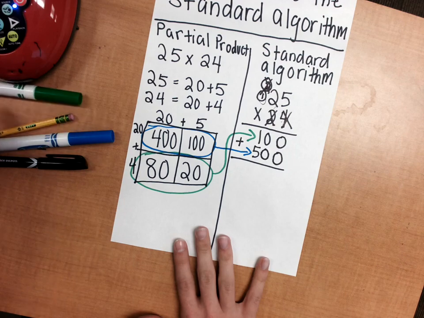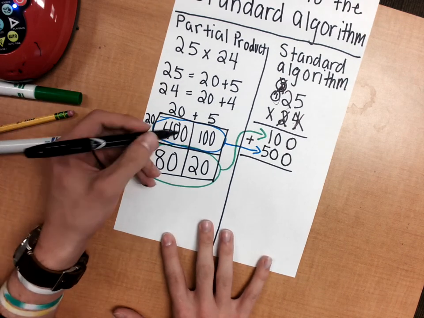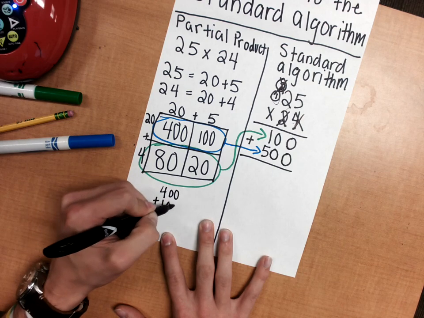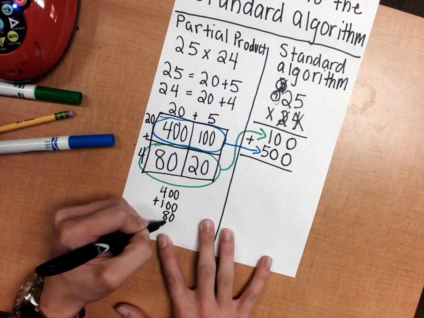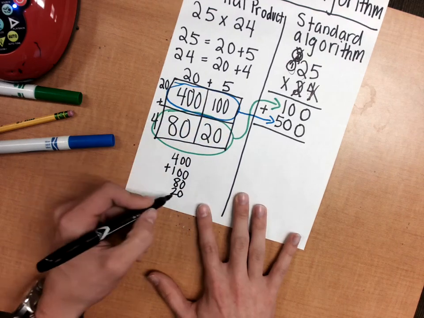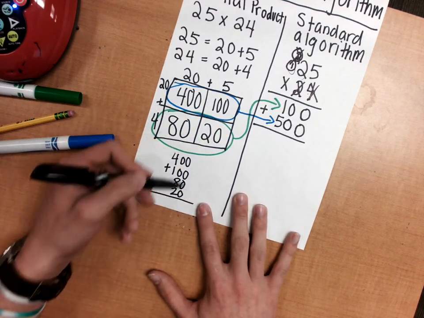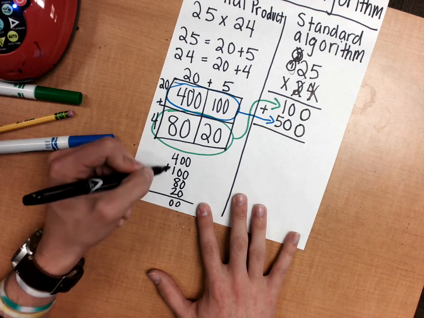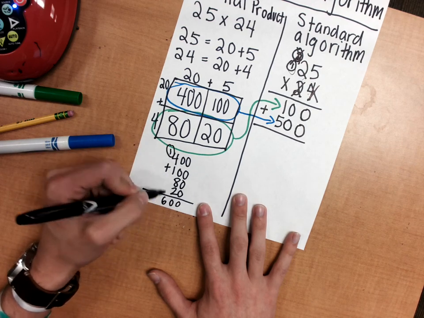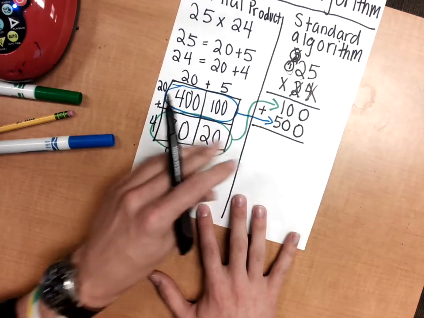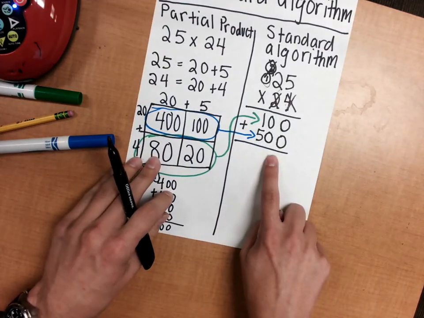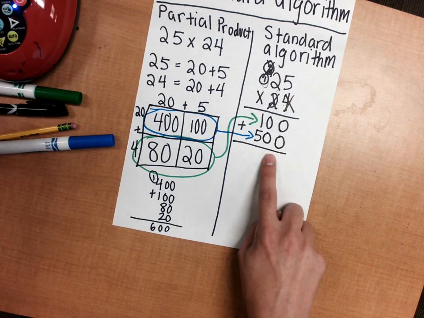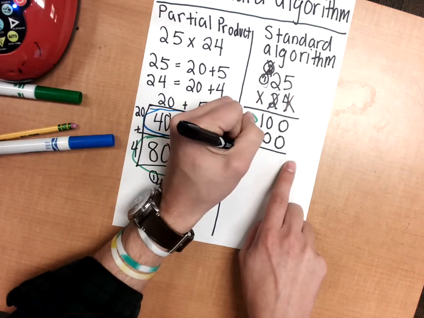Well, if we add all of our numbers together, 400 plus 100 plus 80 plus 20, here we're adding 4 numbers together to get 600. Here, we're only adding 2 numbers. We're only adding 100 plus 500, which would give us 600.